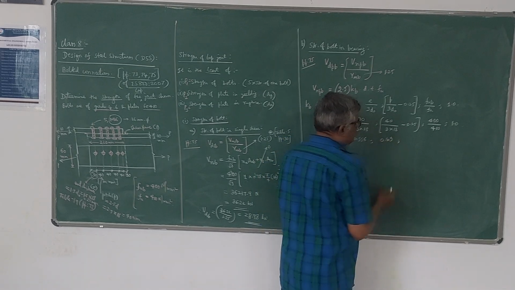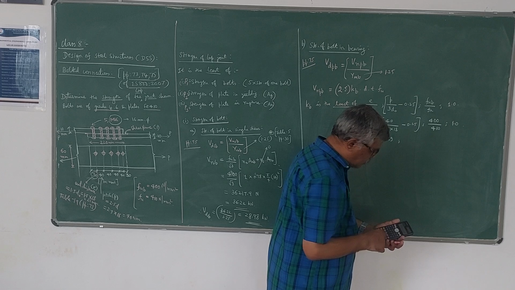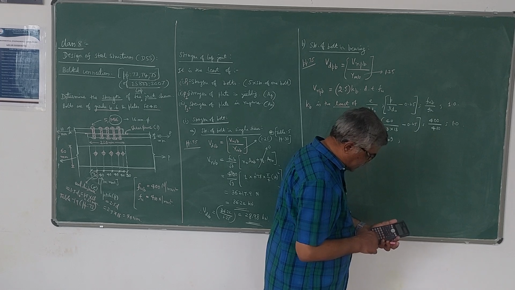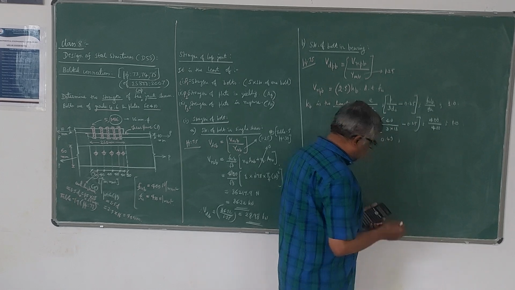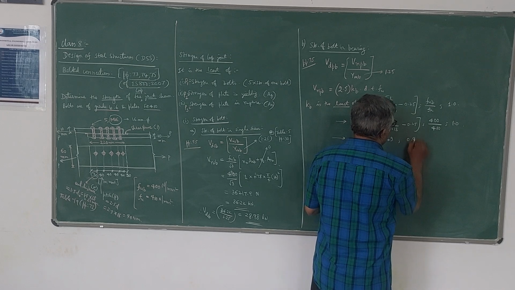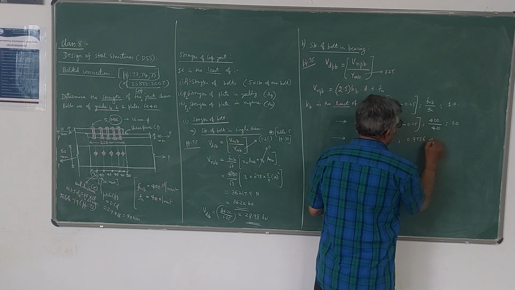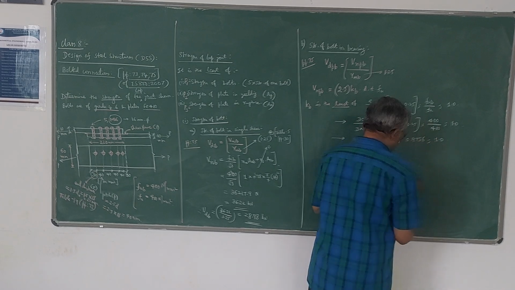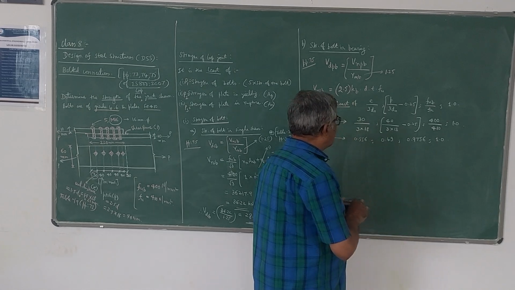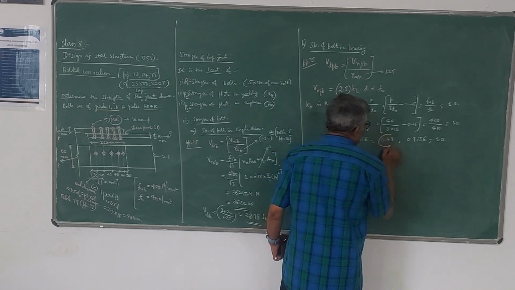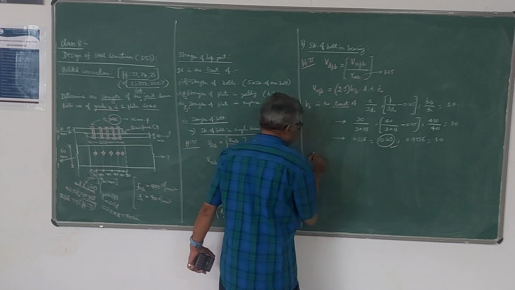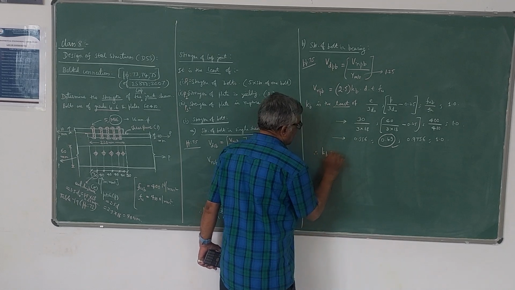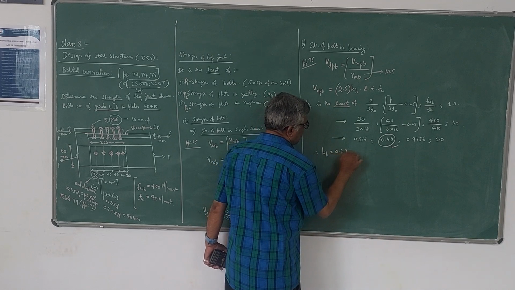Third value is 400 by 410. 400 divided by 410 is 0.976, and fourth value is 1. So please note that among these four, the least value is the second value. So therefore, Kb we have to take 0.49 for the given problem.